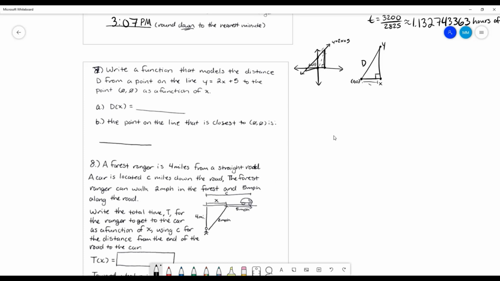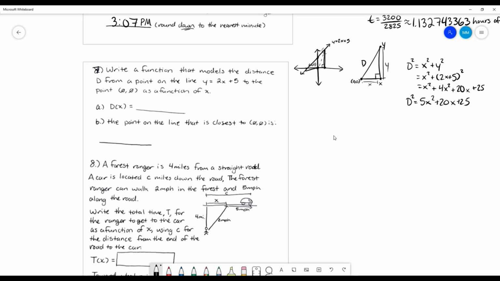So this here is x, this here is y, and then we just use the Pythagorean Theorem. y squared is going to be that 2x plus 5 squared, which is going to be 4x squared plus 20x plus 25, I think. Combine like terms, so d squared equals 5x squared plus 20x plus 25.